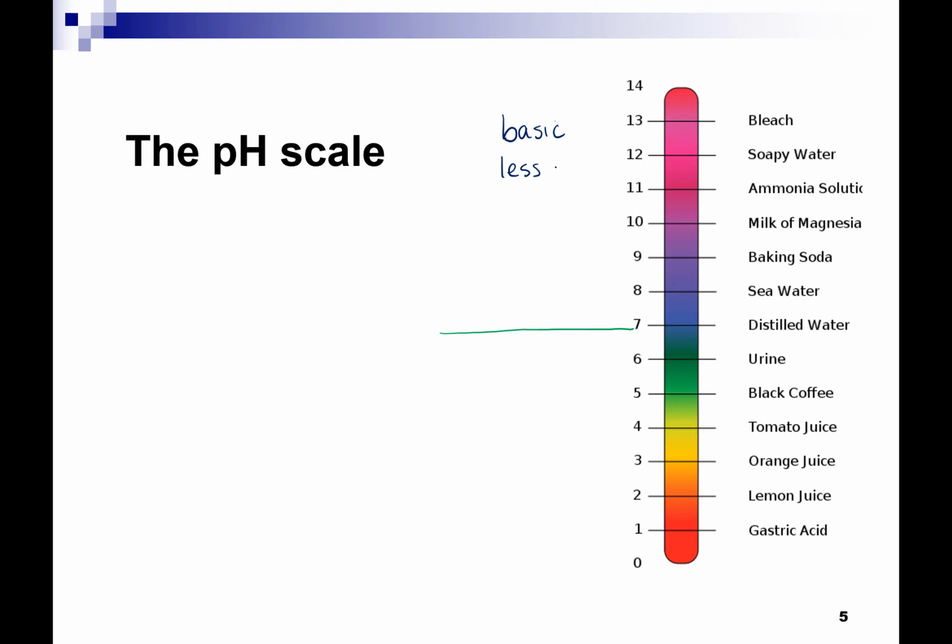It has less hydrogen ions. It has more OH ions. It's alkaline. Over here on the bottom part, we have coffee and urine and lemon juice, and look at the acid in your stomach. Very low pH, so there's a lot more hydrogen ions, less OH minus. This is for acidic.